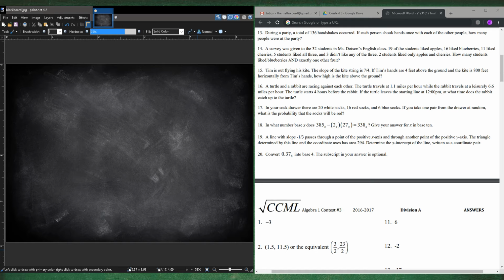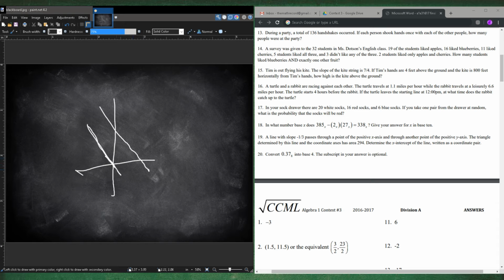Okay. And number 19. A line with slope negative 1/3 passes through a point on the positive x-axis. Okay, so it passes through a point on the positive x-axis.